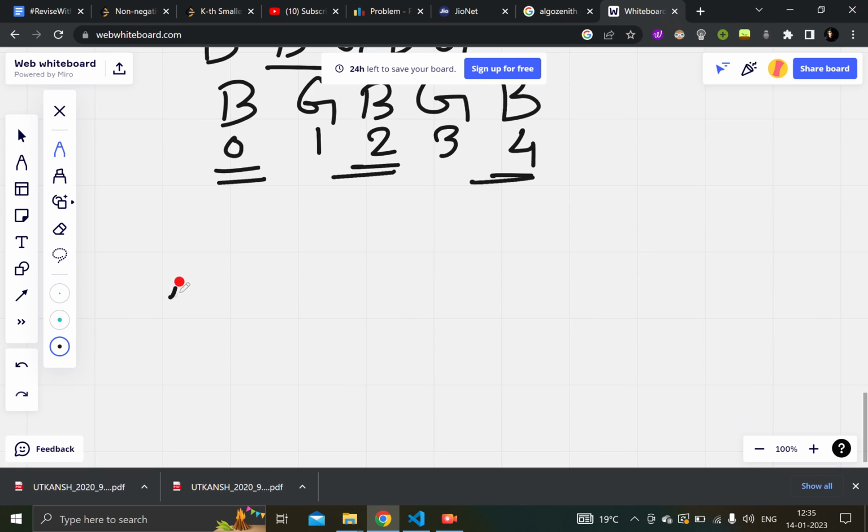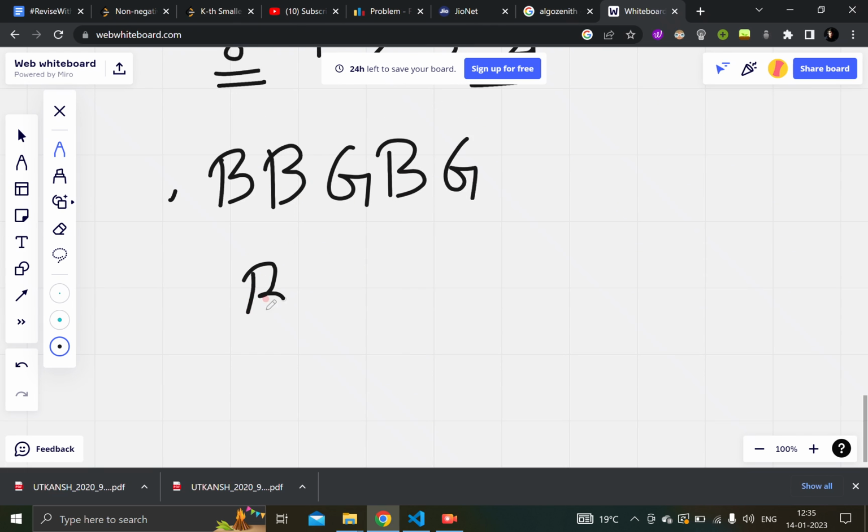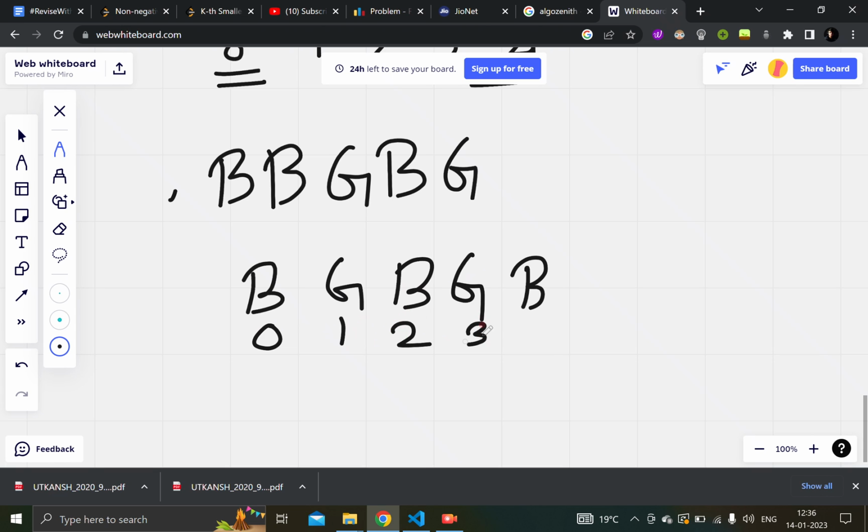Let me do a dry run. Suppose we have boy, boy, girl, boy, girl. So what will the possible arrangement be? Boy, girl, boy, girl, boy. This will be the final arrangement. Here the indices are 0, 1, 2, 3, 4, and the same for the final arrangement. So we will store the indices of the boys, the gender in the majority, in the vector as I mentioned.